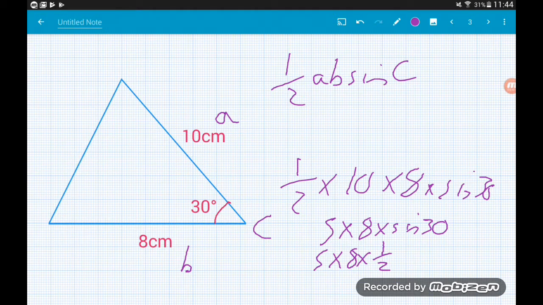Now 5 times 8 is 40, times 1/2 gives us an area then of 20 centimeters squared. Okay, so again, just to reiterate what we've done, 1/2 times one of the side lengths times the other side length times the sine of the angle, or in terms of a formula, 1/2 AB sine C. Okay, on with the next.